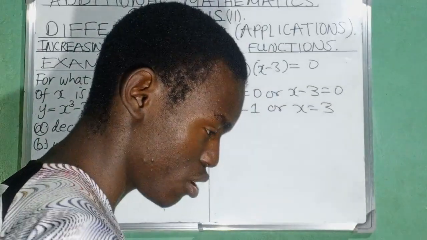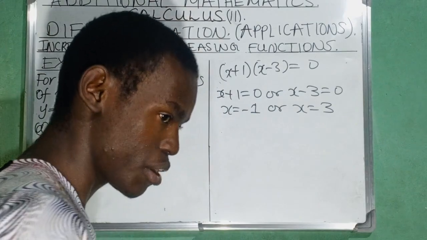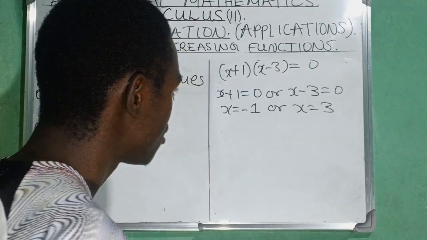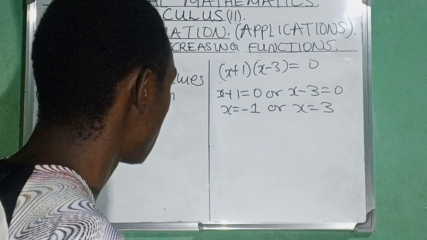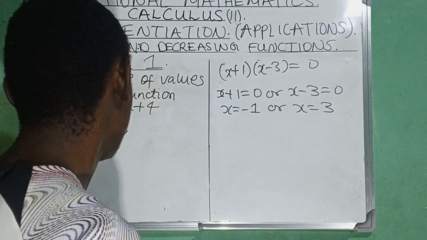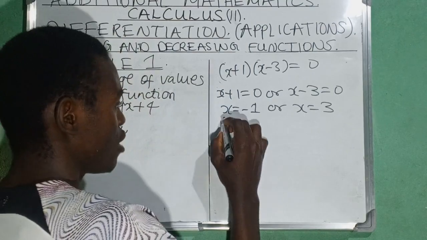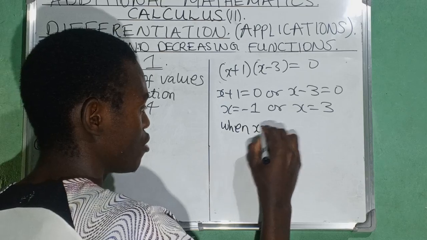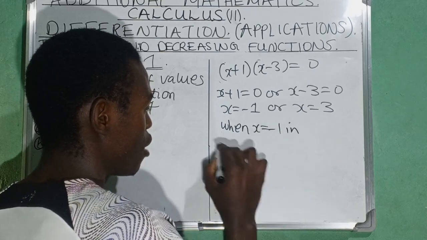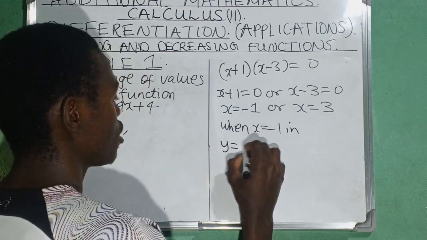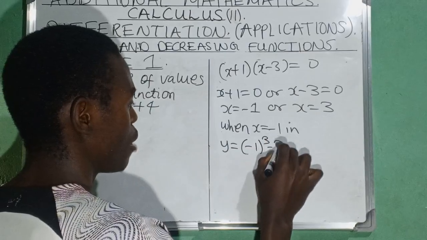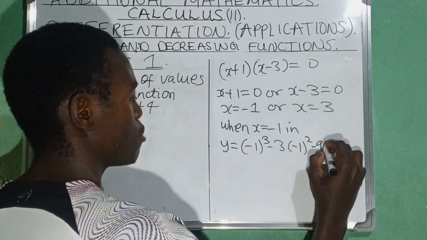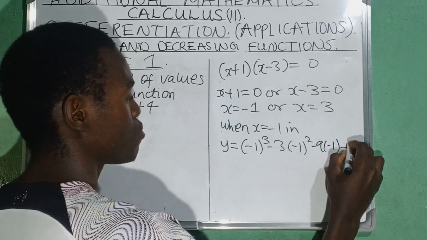So what you can do here is you can try to graph it, okay? You have, for example, when x is equal to negative 1, y will be equal to negative 1 cubed minus 3 multiplied by negative 1 squared minus 9 multiplied by negative 1 plus 4.